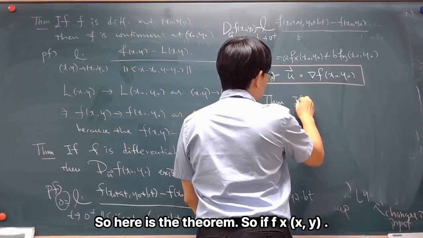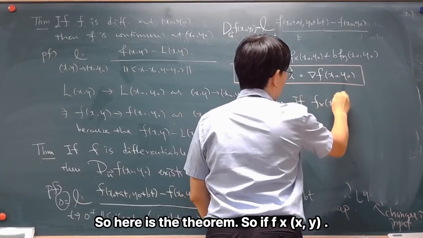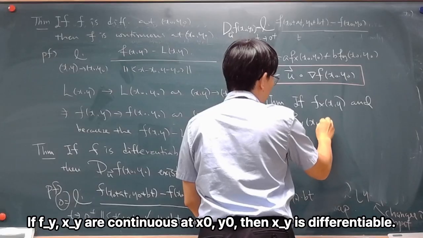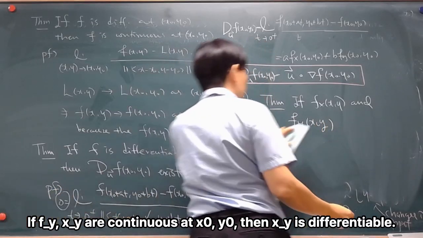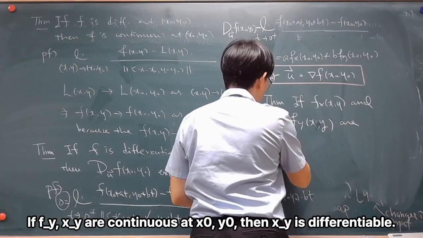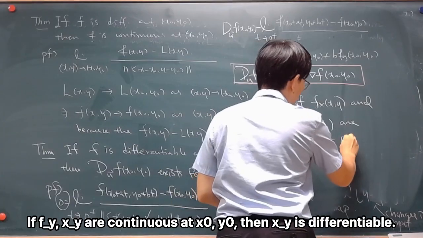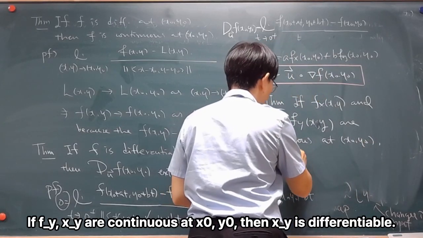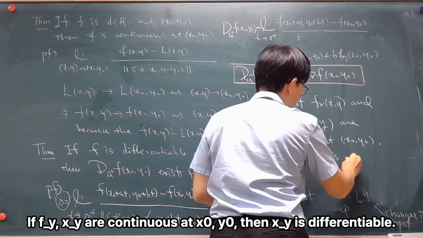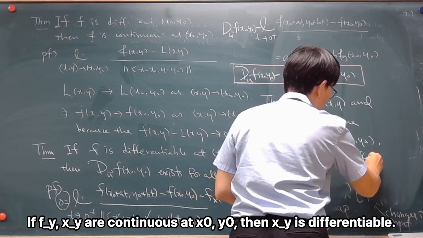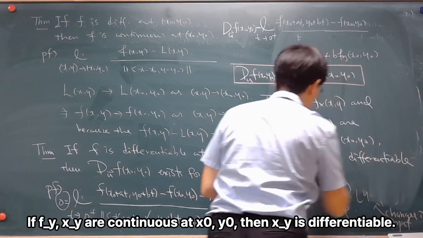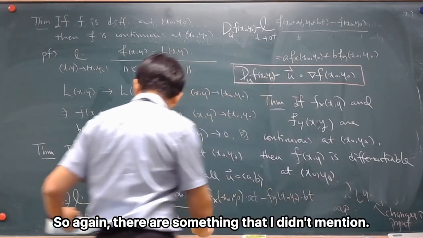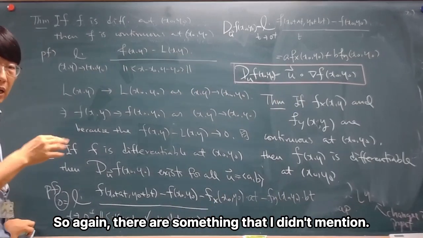If f_x(x, y) and f_y(x, y) are continuous at (x0, y0), then f(x, y) is differentiable at (x0, y0).